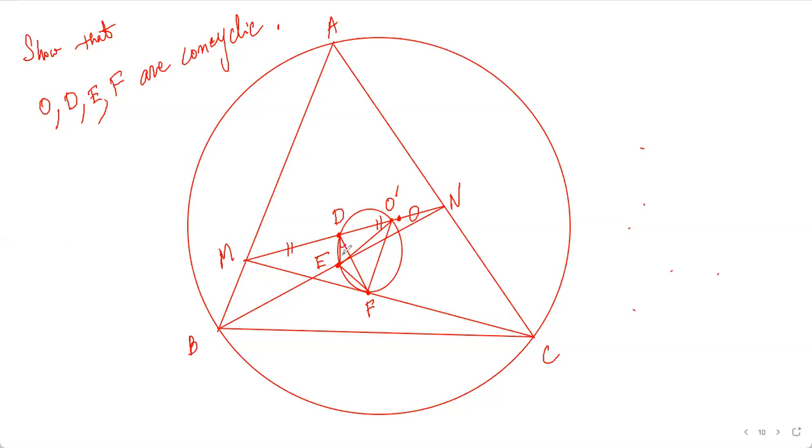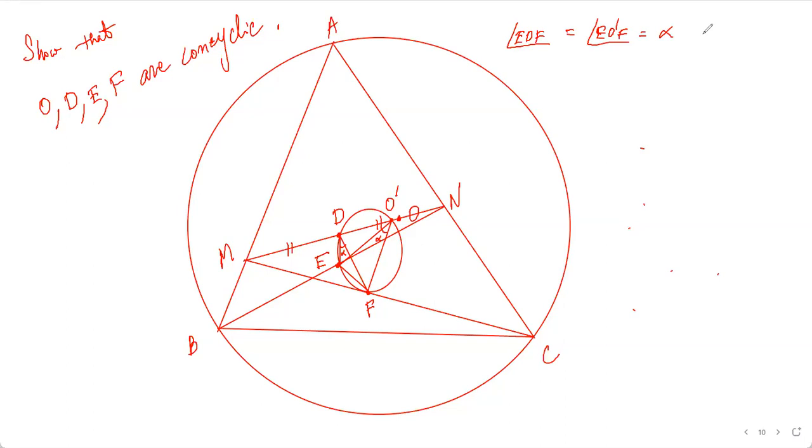So that is, suppose, alpha. This is also alpha. So I'm writing it down. They are very small. So EDF is equal to EO dash F, is equal to alpha, because all those O dash with EDF are concyclic.